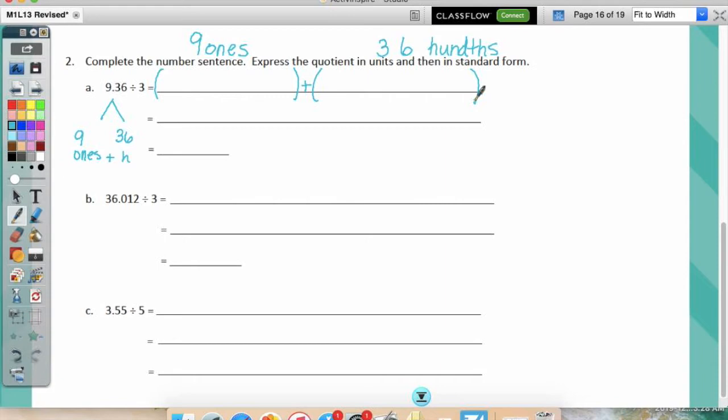What's 9 divided by 3? 3. And what's 36 divided by 3? Don't write anything yet. 12. You know your 12s? I'm impressed. Okay, so I'm going to write 9 ones divided by 3 and 36 hundredths divided by 3.